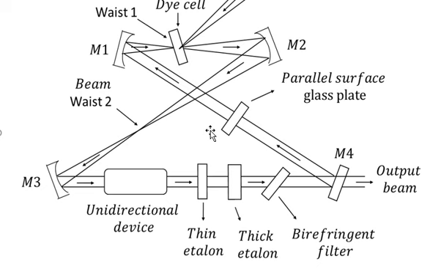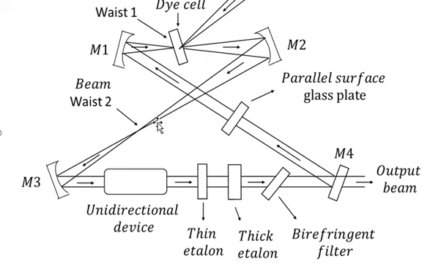The propagation of the longitudinal modes within a laser cavity depends upon the length of the cavity. So if you precisely change the length of the cavity, you can select other longitudinal modes to propagate within the laser cavity. So this glass plate serves the purpose of tuning or selecting one of the longitudinal modes to set up in the ring laser cavity.